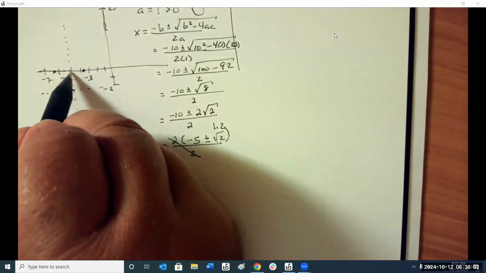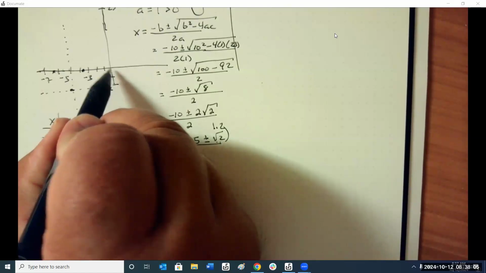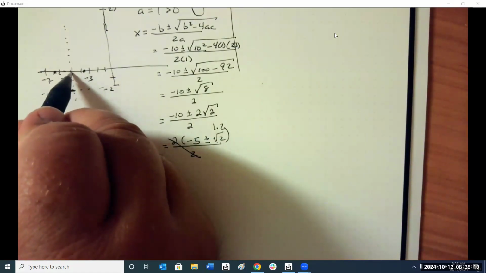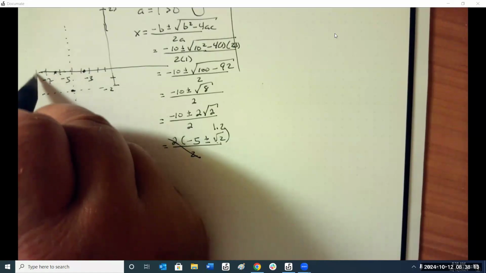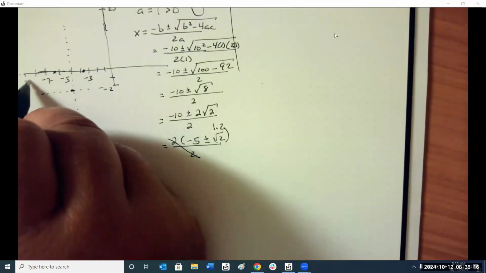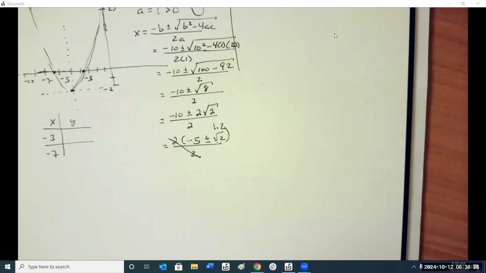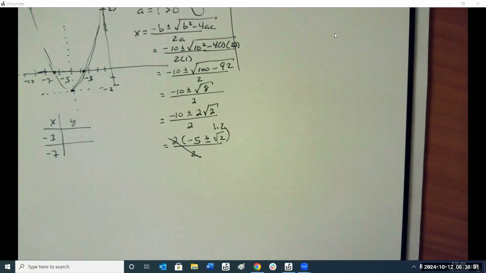We also know that it crosses at 23, so we can use that as a point. From -5 to 0, it's 5 spaces, so we can go from -5 over 5 spaces, all the way to -10, and then up 23 spaces. So we know the graph will look something like this. It opens up, and we know those points.